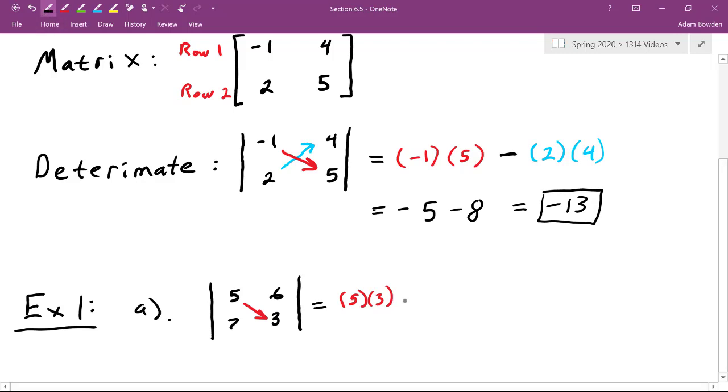And then the next thing is we'll subtract, and we'll multiply the numbers up diagonally. So I'll multiply 7 times 6. So that would be equal to 15 minus 42, which would be equal to negative 27.